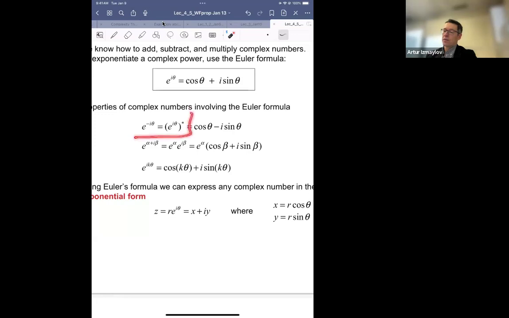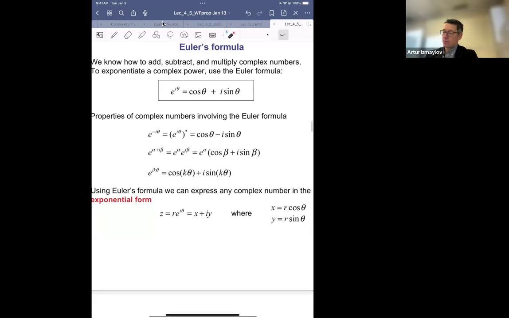Now, one operation that we'll be doing frequently is conjugation, right? Since the earlier expression has i theta in the exponent, the conjugation of that is minus i theta. So the exponent also is convenient for multiplication.